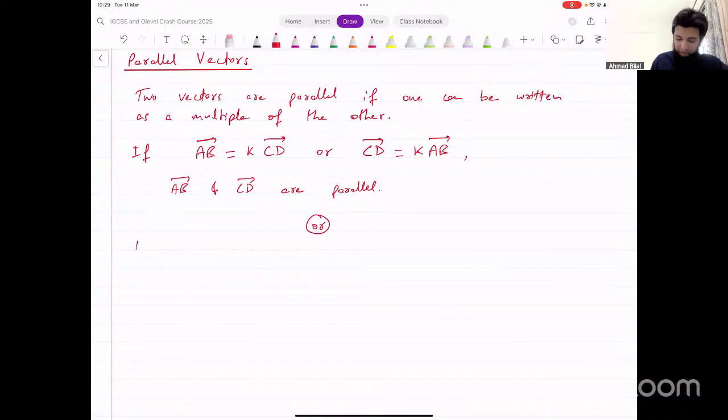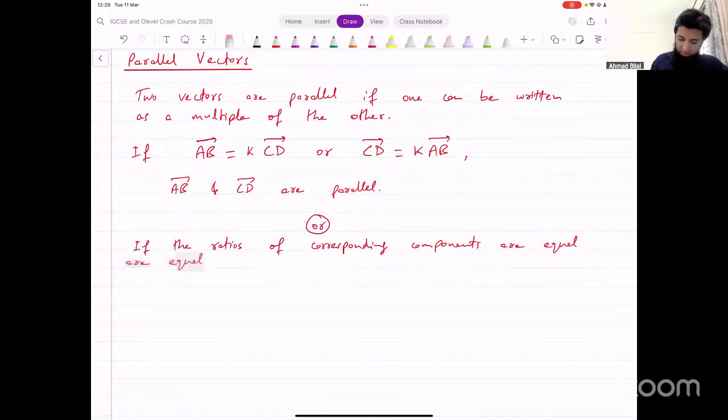We could say if the ratios of corresponding components of the vectors are equal, they are parallel.